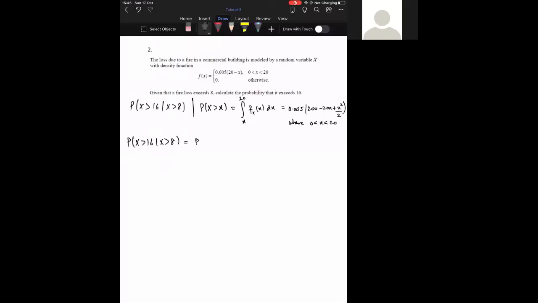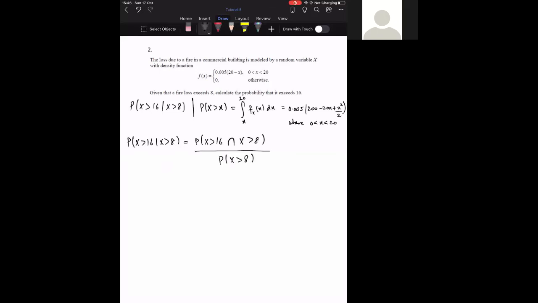Using first principles, we have the intersection divided by the condition that we're basing it on.